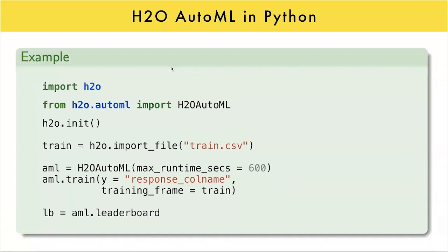And this has a little bit more of a Pythonic flavor, because first we create an object of class H2O AutoML with the different parameters that are specific to the AutoML run, like the max runtime, and other things could go in there as well. Once we do the .train, that's when we actually start the training. Anything related to the data goes in the .train method. So this is essentially like the .fit method in scikit-learn.